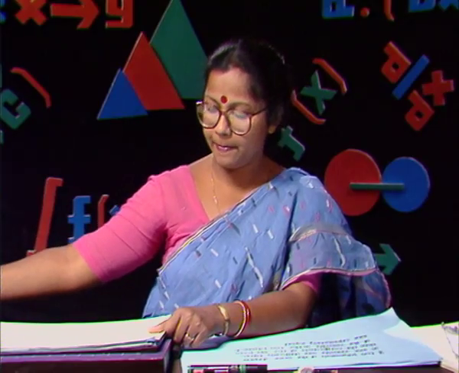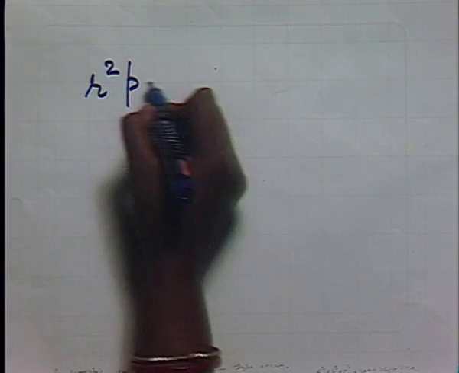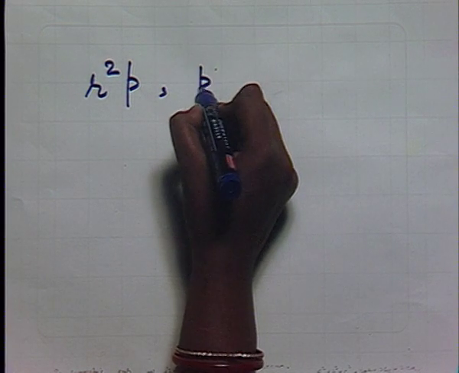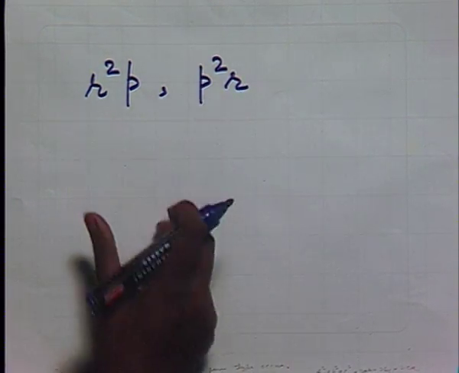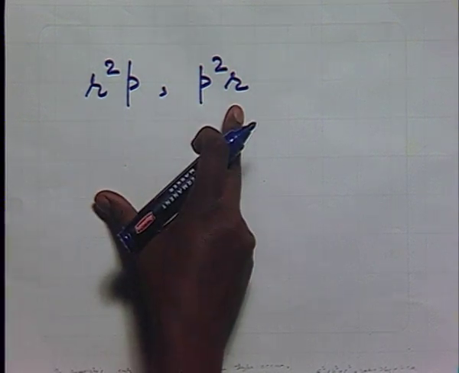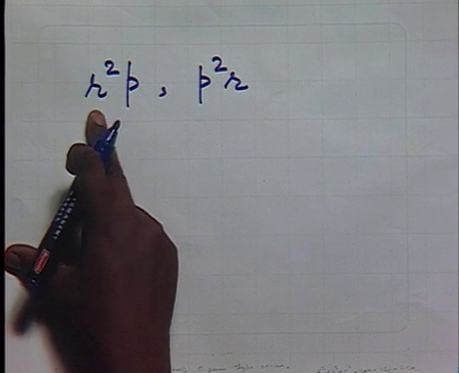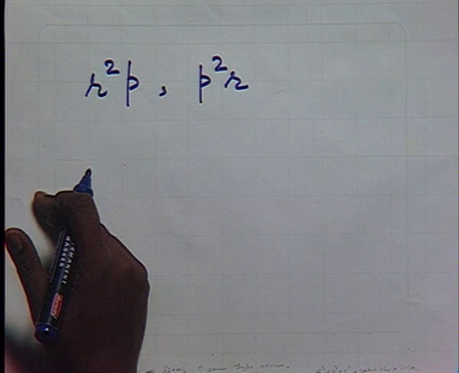Now, consider the terms r square p and p square r. What do you observe in these two terms? We observe that the term p square r can be obtained from the term r square p by interchanging r and p.